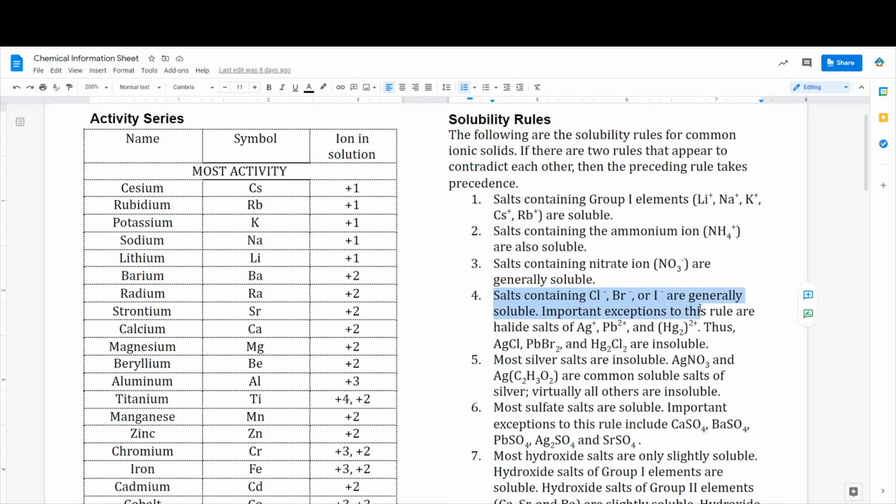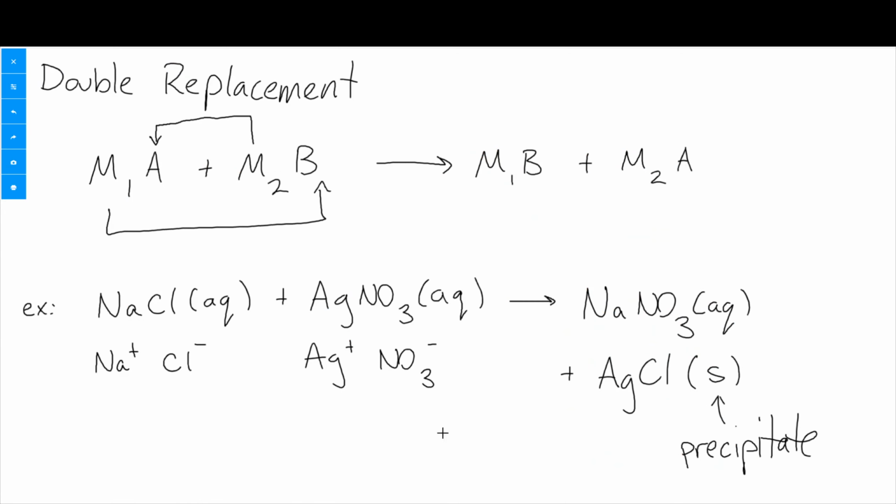Important exceptions to this rule are halide salts of Ag+, Pb2+, and Hg2 2+. Thus, AgCl, PbCl2, and Hg2Cl2 are insoluble. So we have AgCl, which means, according to our rule, AgCl is going to be a solid.